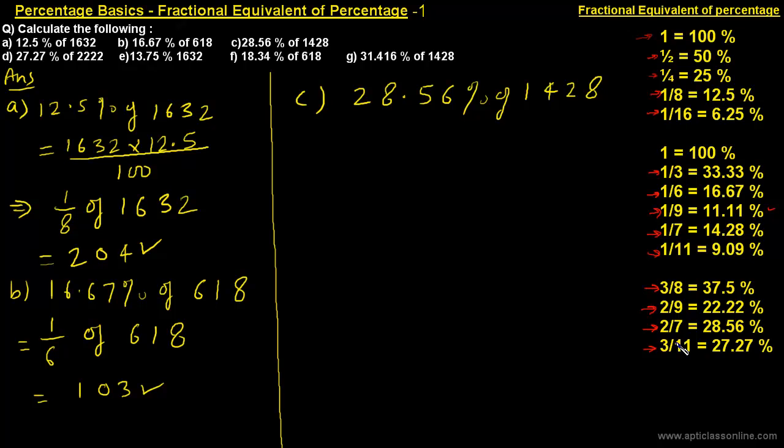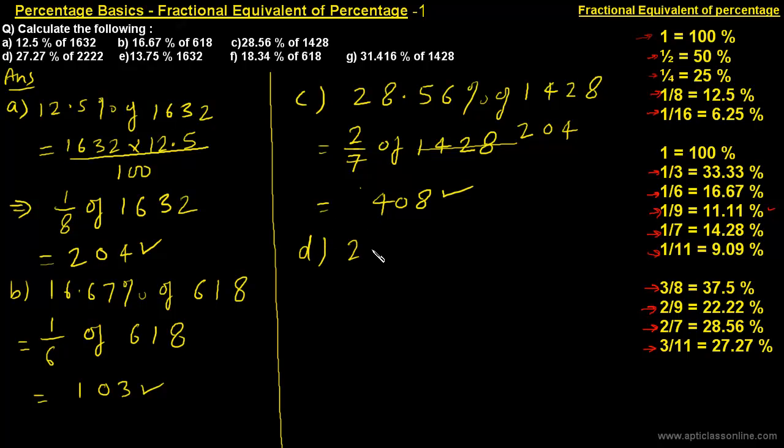So 28.56%, I have written here also, is equivalent to 2 by 7 of 1428. That is very easy now. Now 7 2s are 14, 0, 7 4s are 28, multiplied by 2 again, 2 4s are 8, 0, 4. It is 408 is the answer.